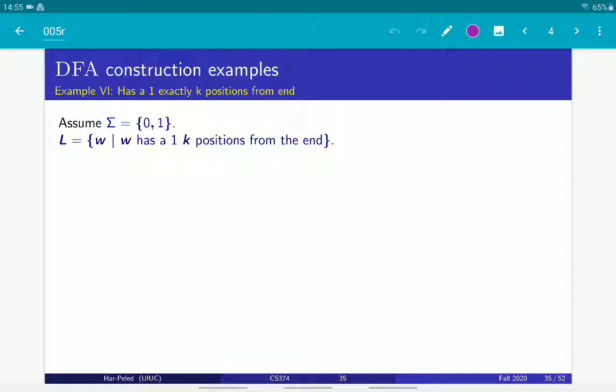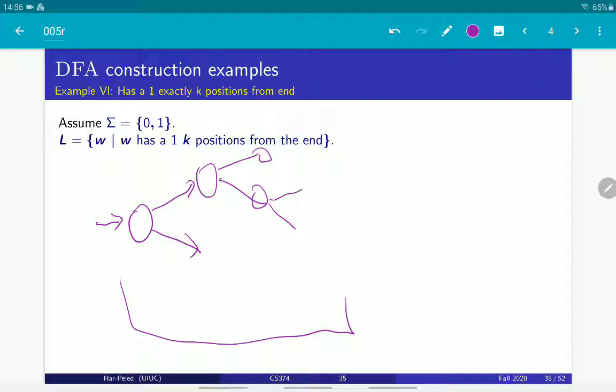We want to accept all W that have a 1 in the kth position from the end, right? So here we have to follow the same mechanism we did before. The idea is that we're going to build a binary tree of states, as we did before, and this binary tree is going to have height k.